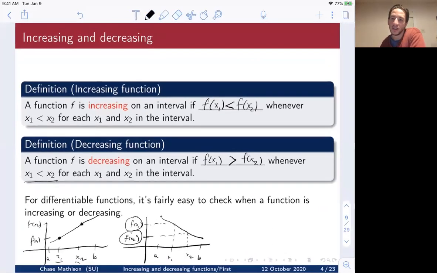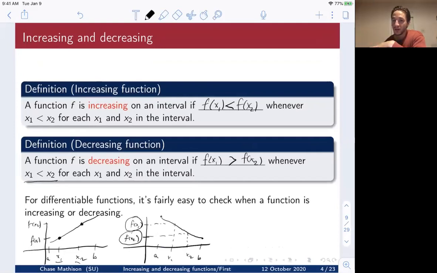So there's a question in the chat. So this helps us without looking at the graph. Yes, that's exactly right. This will help us if we don't have the graph of the function. We just need to check this condition to see whether f of x is increasing or decreasing on an interval. And really, this condition, like I said, f of x doesn't need to be continuous or differentiable or anything. So this condition for a general function is not so easy to check.